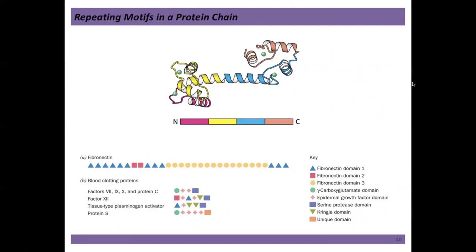And so here's an example. Anyway, we'll talk about these domains later and actually look at them, but we just represent them by shapes here. And you can see that this domain is repeated over and over and over. Then we put a new domain in there, and it's repeated over and over. And then this domain's repeated over and over again, and over here.